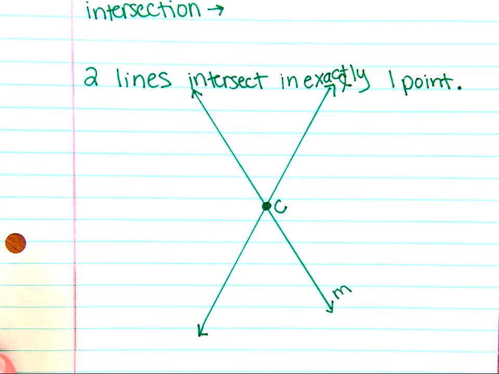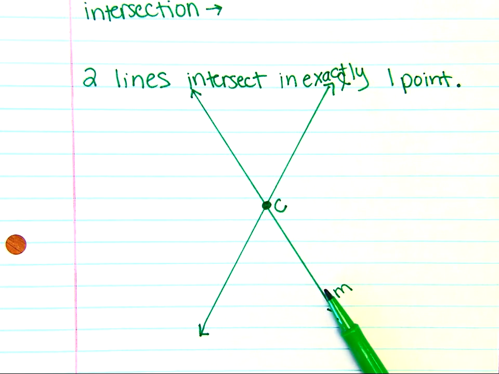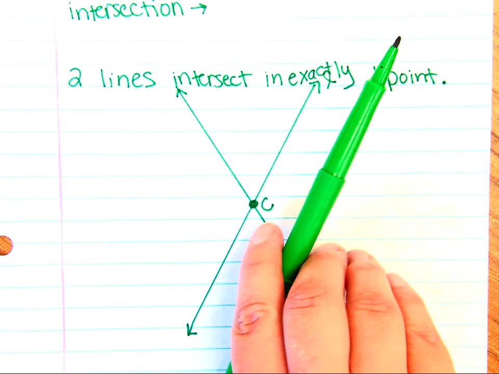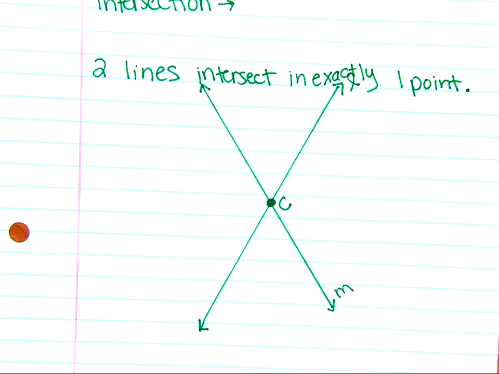That's what's important here. If you were in a car driving on line M and somebody else was in a car driving on line L, the point you would meet at would be point C. Okay.